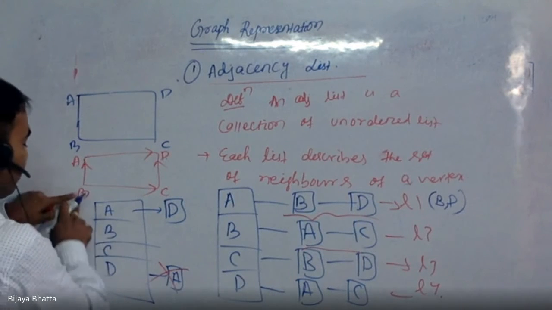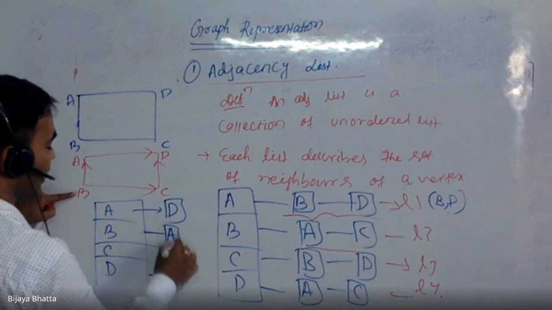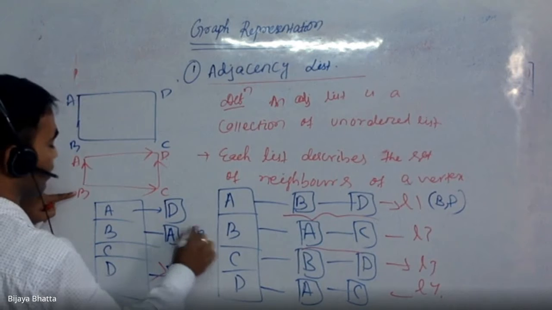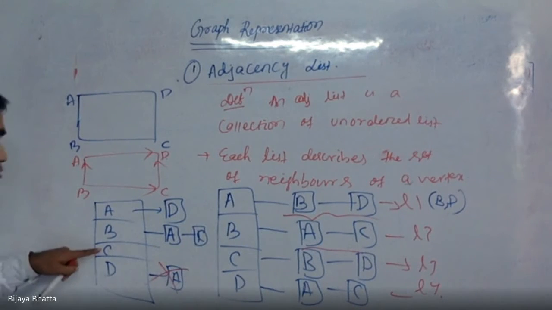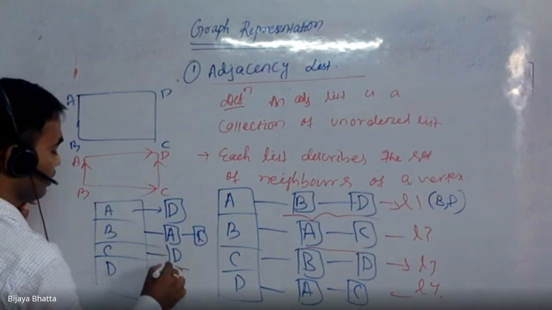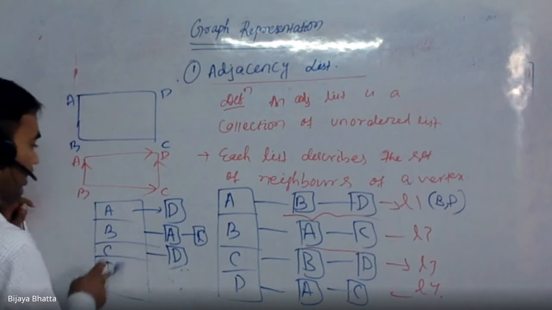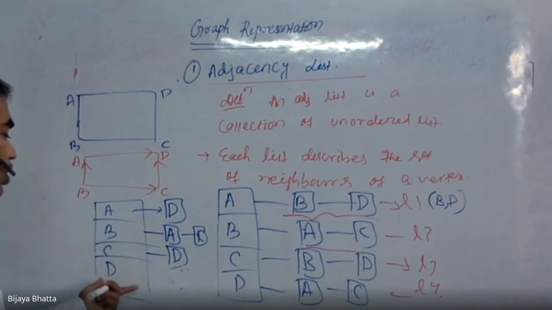For B, B is connected to A and also connected to C. So B has neighbors A and C. How about C? C is connected to D. How about D? D is not connected to anyone.